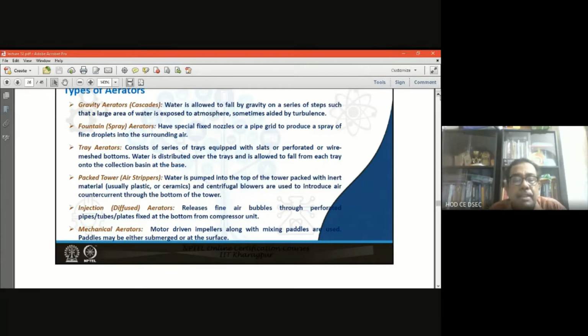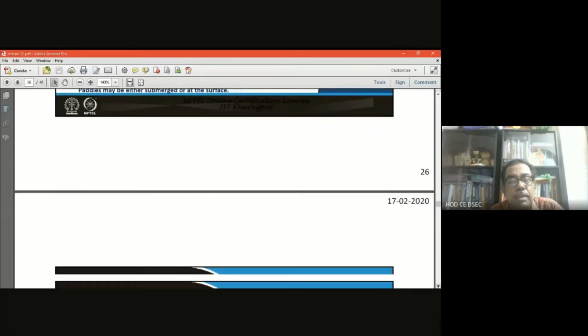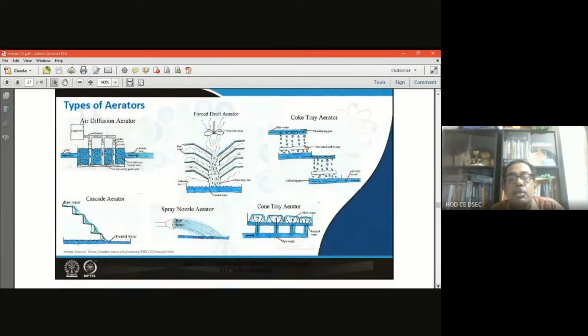Now the diffused aerator. This releases fine air bubbles through perforated pipes. You see, I am showing you the picture of the diffused aerators. So this is the diffused aerator, the left one topmost, the air diffusion aerator.